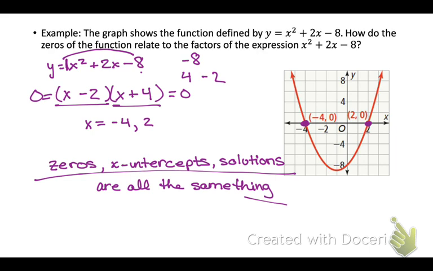The only difference is how we write them. So if I ask you for a 0, you say x equals a number, a. If I ask you for an x-intercept, what is the y at every single x-intercept? 0. So you would write it as a comma 0.